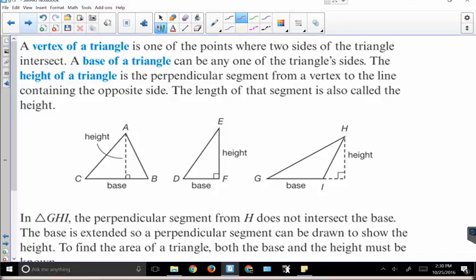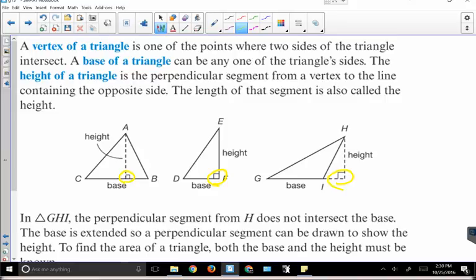Okay. What about the height? Now, I'm going to tell you this much when it comes to the height. The height must always have something identified between the base and it. Always must have a 90-degree angle identified between the height and the base.